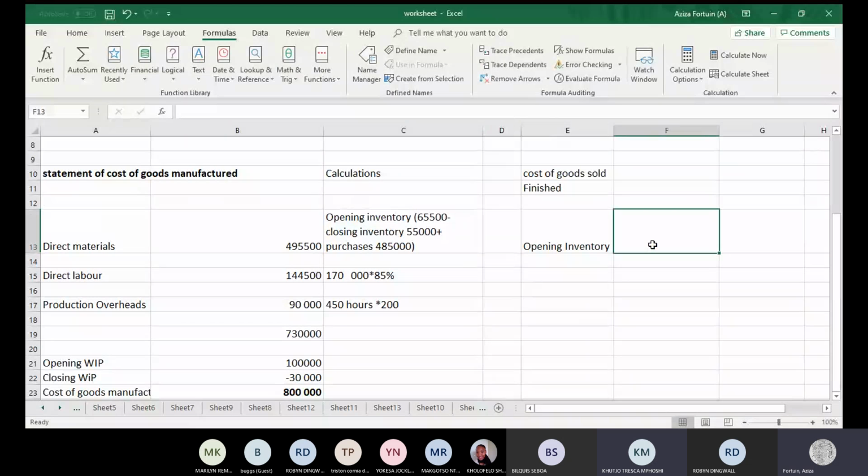Okay, so our opening inventory is 135, as it's written there.